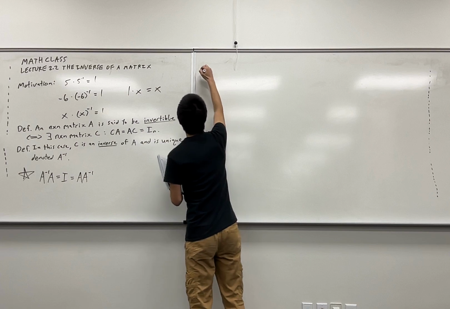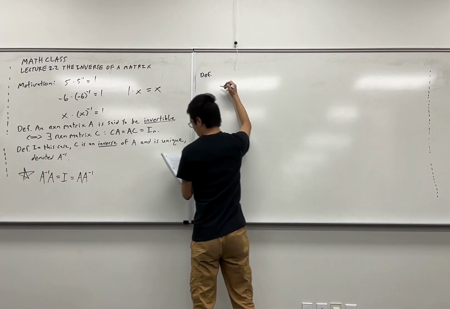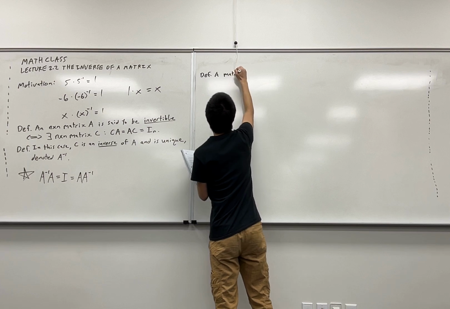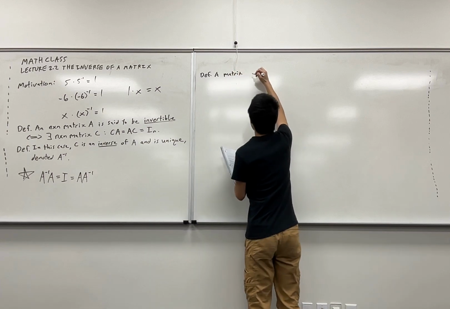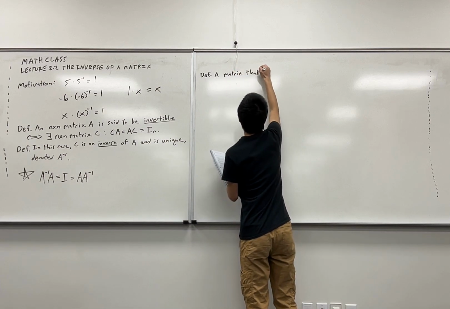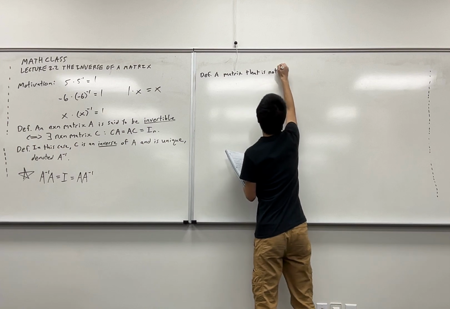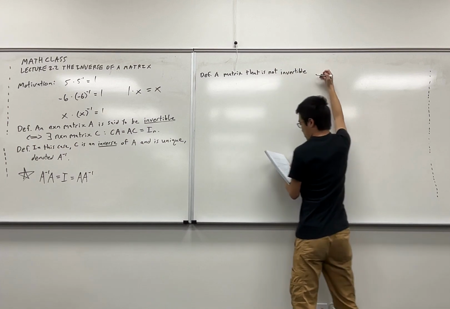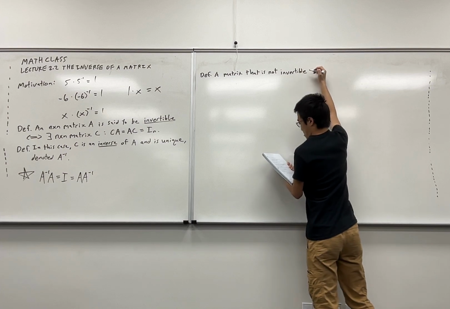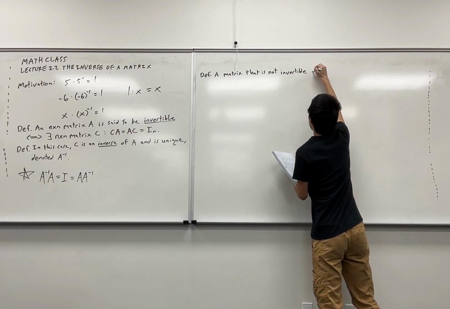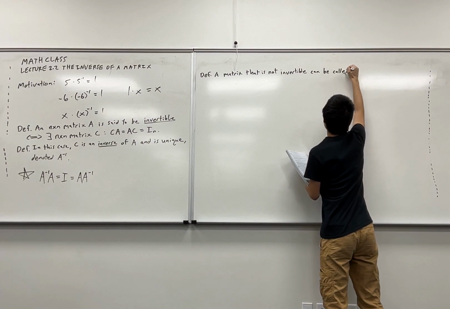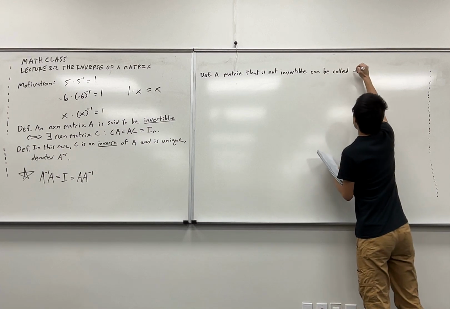Some more terminology. That's all related. A matrix that is not invertible is called, or not always, but can be, that's more appropriate, can be called a singular matrix.